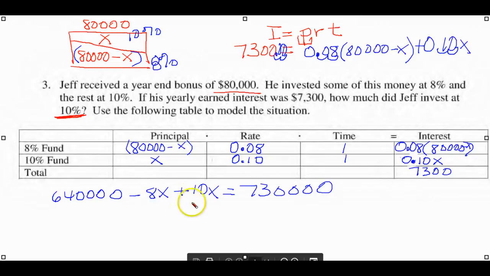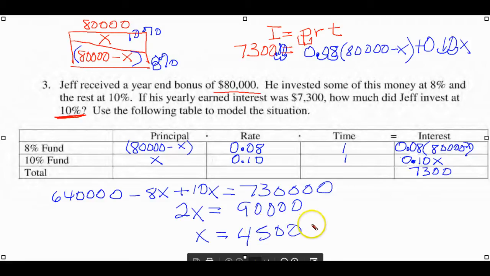So now I'm going to combine like terms, and I get 2x. And I'm going to subtract this now from that, and I get 90,000. Going to divide both sides by 2, and I get 45,000.